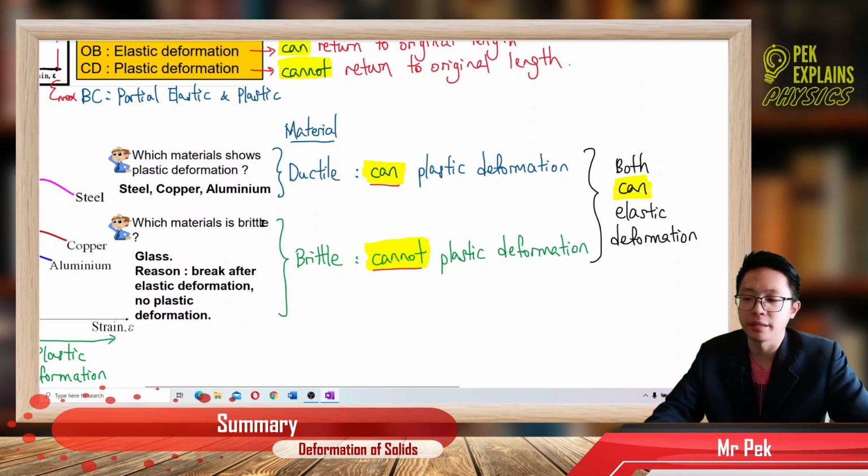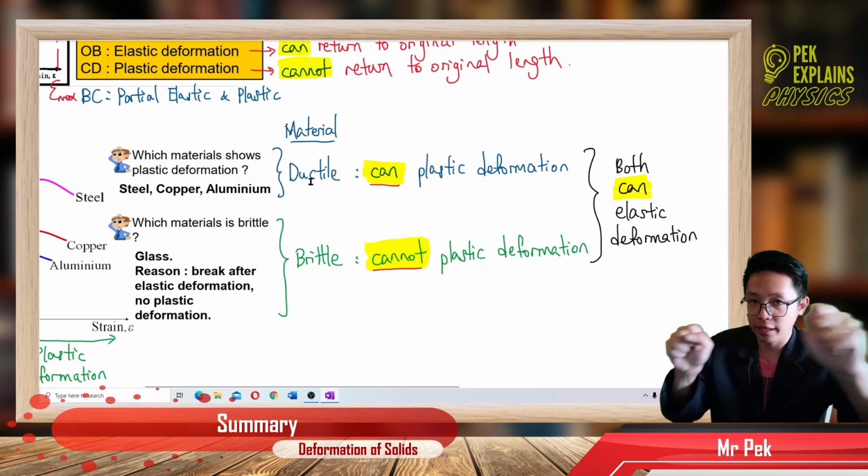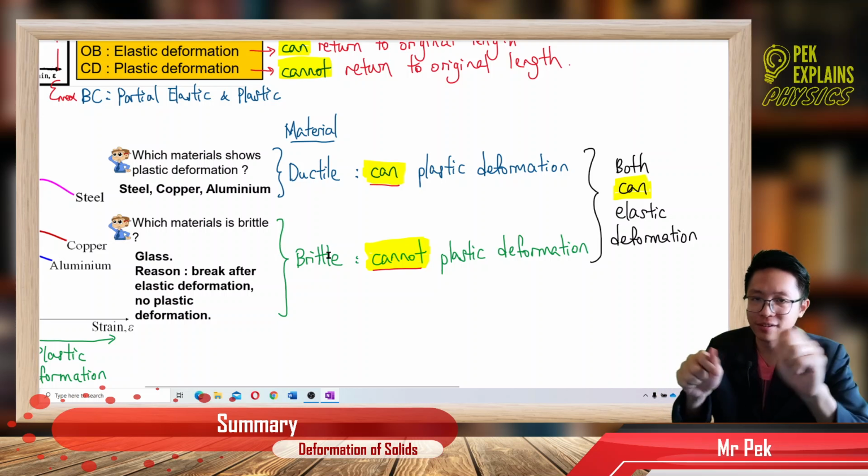Which material is brittle? The glass. Why? Because it breaks after elastic deformation, with no plastic deformation. So what's the difference between ductile and brittle? Ductile material can elongate. Brittle material cannot elongate. It just breaks.